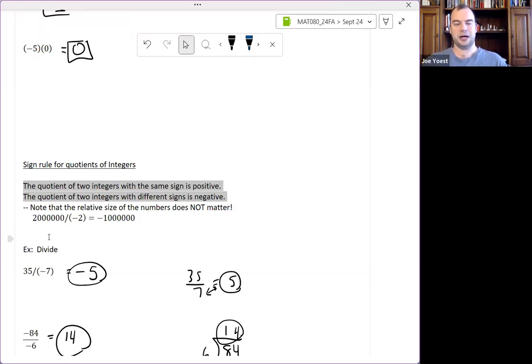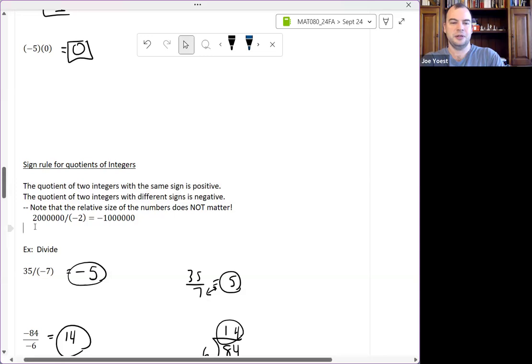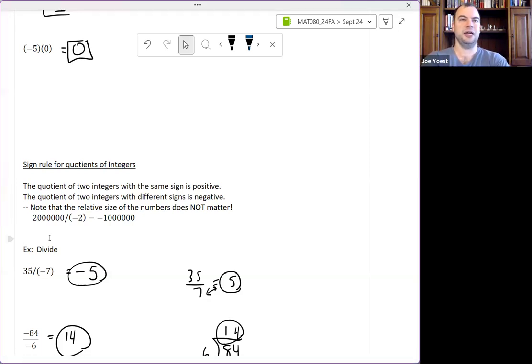And if the problem has a product or quotient of two integers with different signs, the answer is negative. But other than this one sign rule, there's not a whole lot that's really new in this expansion to the integers, in this inclusion of negative numbers. So multiplication and division work basically the same as they did before, just making sure that we have the correct sign on our answer. Addition and subtraction actually worked fairly differently than they did before.